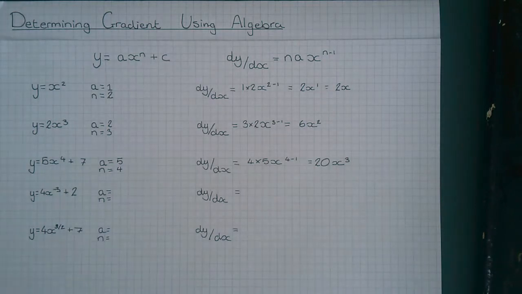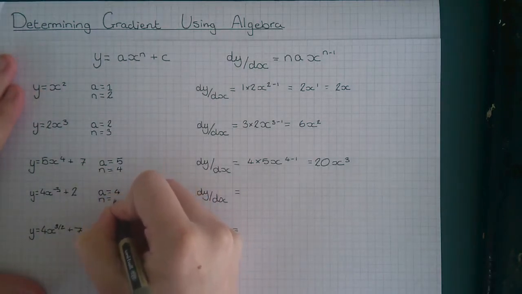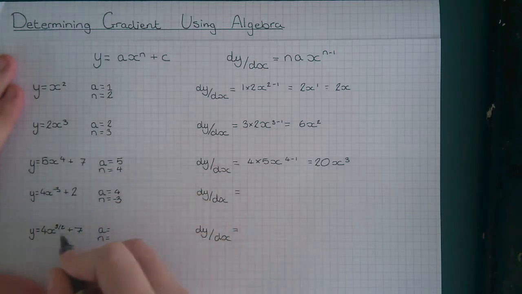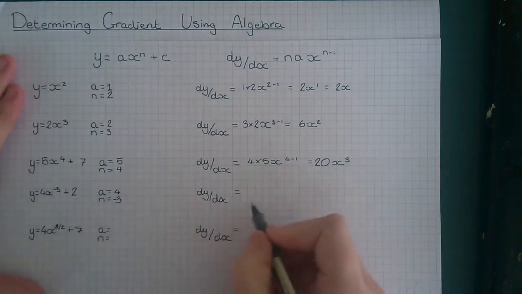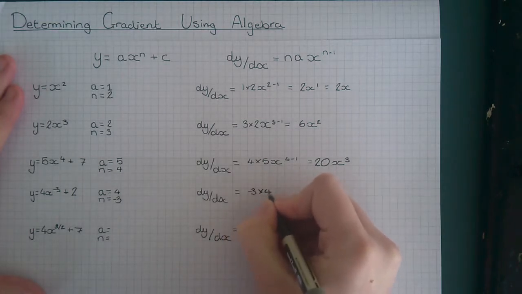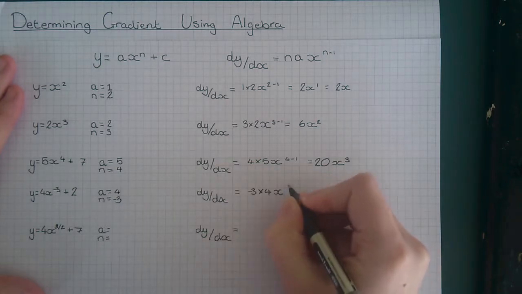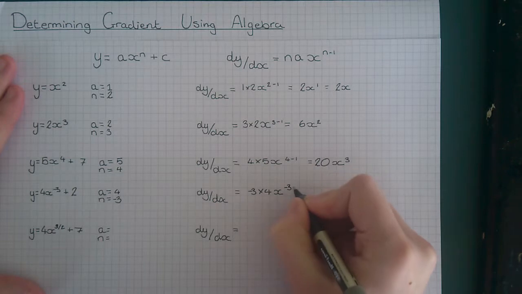The next example is y equals 4x to the minus 3 plus 2. Just because it's a minus number doesn't make any difference, you just do it exactly the same way. So a is 4, n is minus 3, dy by dx equals minus 3 times 4x to the power of minus 3 minus 1.